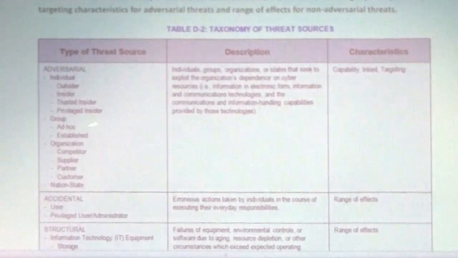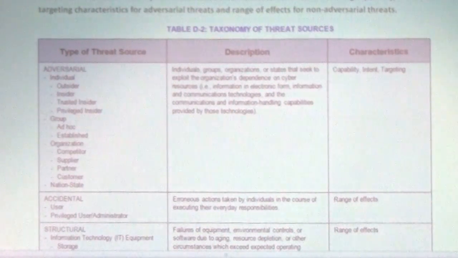But anyway, we have groups. We might have a group that's just formed ad hoc to go at us, or maybe we have established groups. We have organizations that might have an axe to grind with us. As government, we don't really deal with competition too much, but we might certainly have nation states looking to get our information or do us harm.